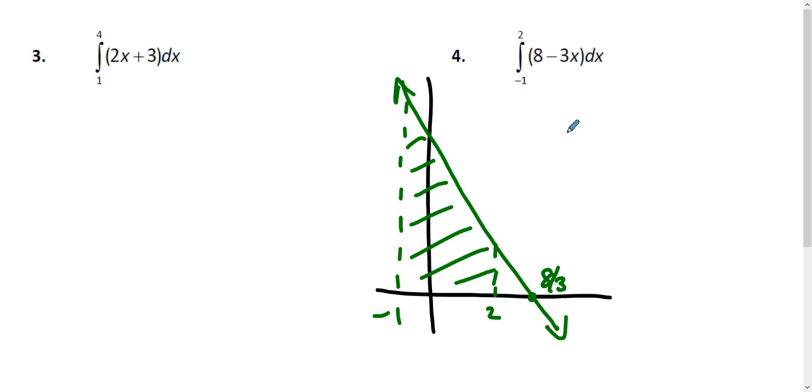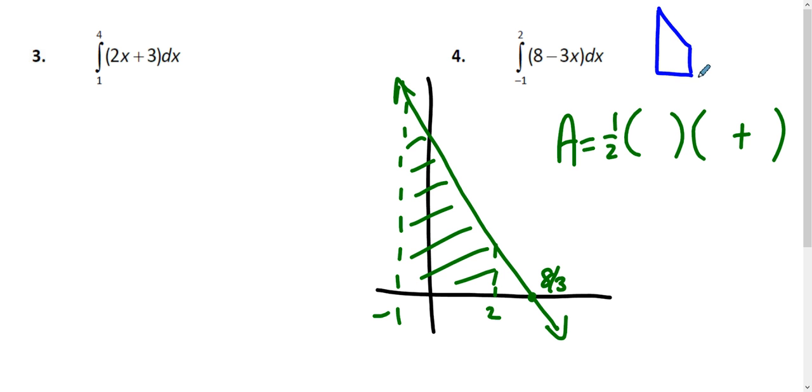And the area of a trapezoid is 1/2 the height times the sum of the bases. This trapezoid is a weird shaped trapezoid, right? It looks like this. So the height is actually this part, and then your bases are those parts. So the height runs from -1 to 2, and the bases are these two lengths.